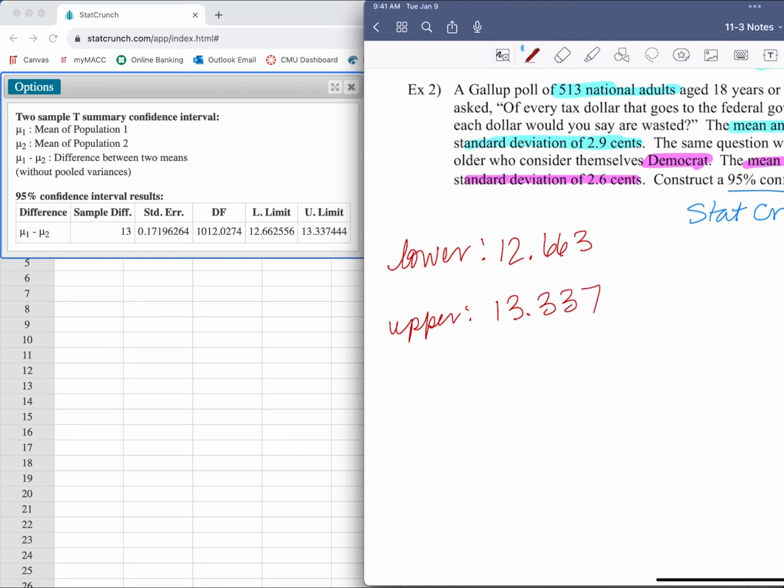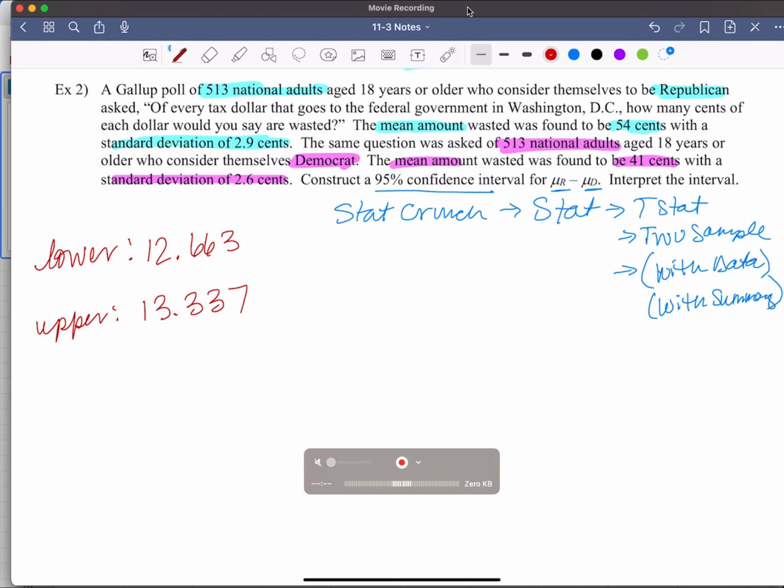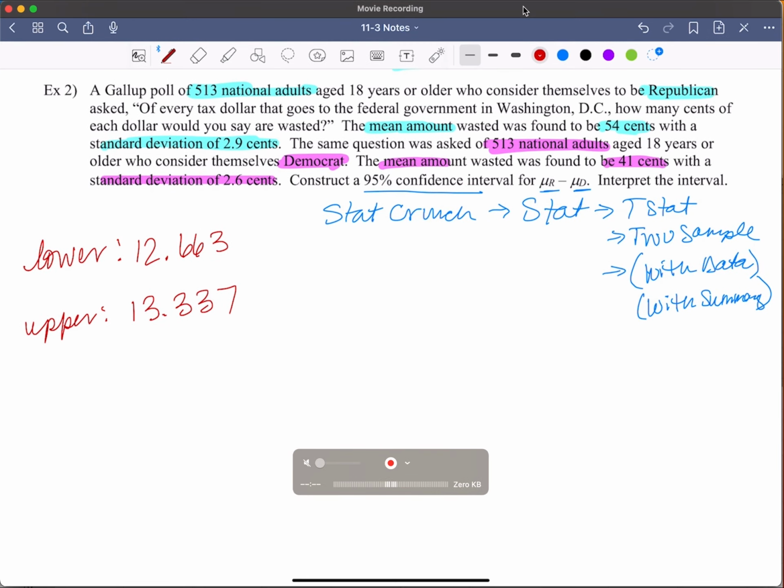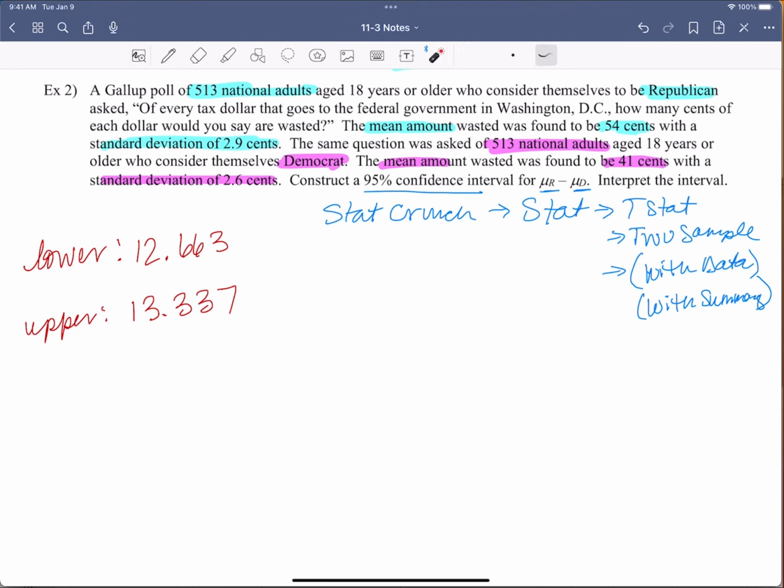That is what we're looking at. All right, I'm going to scoot this over. The data we are discussing in these limits are cents, right? That's the data that we have. We're talking about cents here. So this is from 12.6 cents to 13.3 cents.